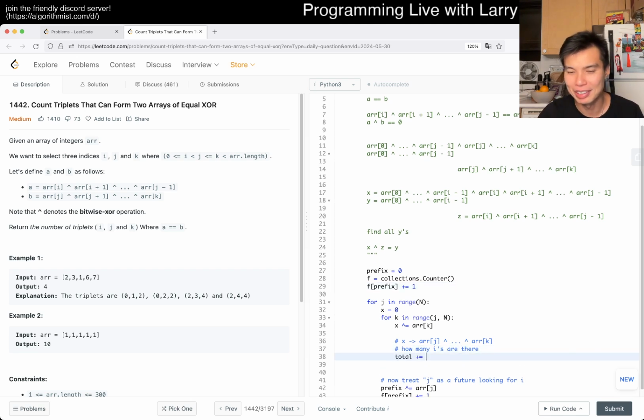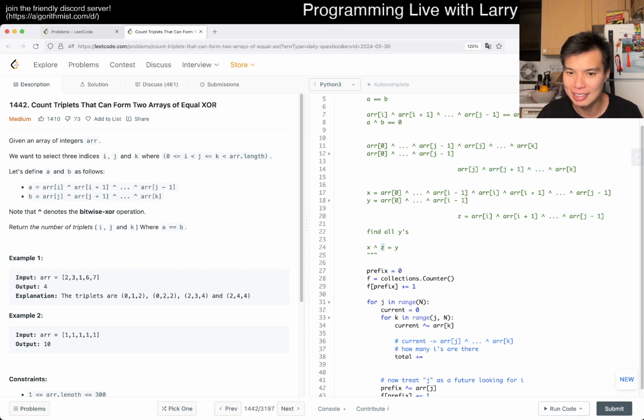I feel like I'm doing a terrible job explaining it, but X is this thing, right? So now I'm using this as, all right, let's just call it current, and then current has to be equal to Z, right?